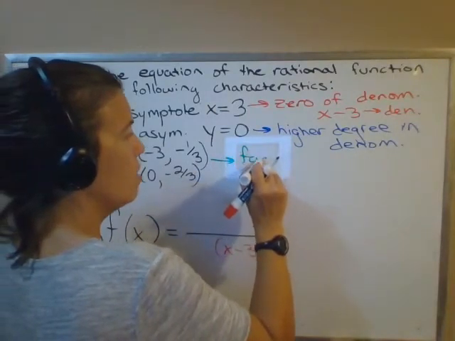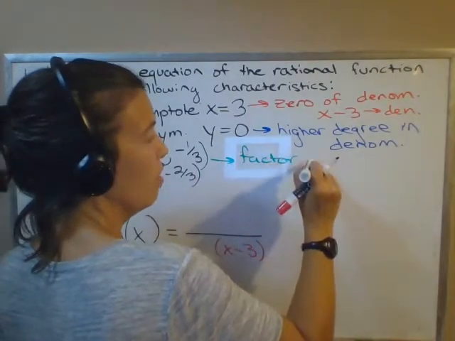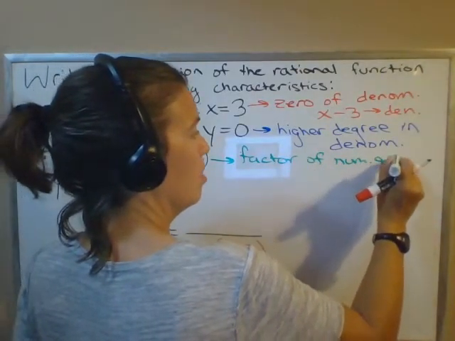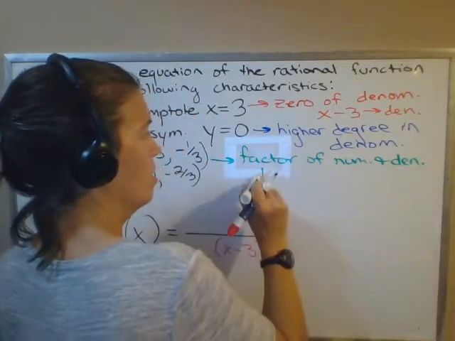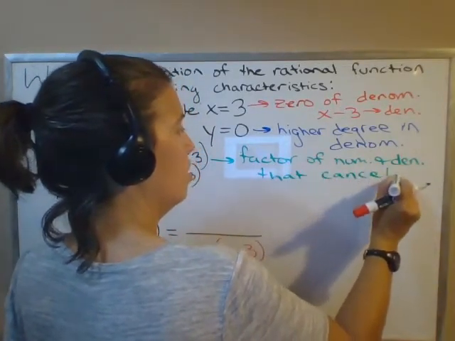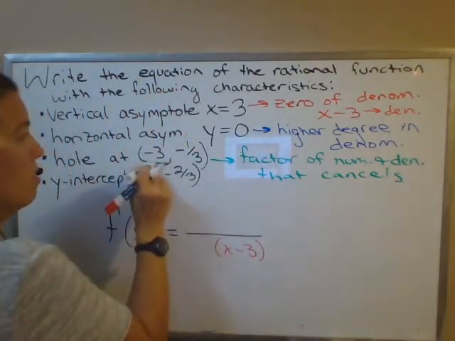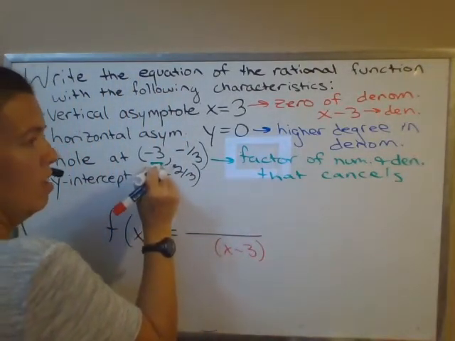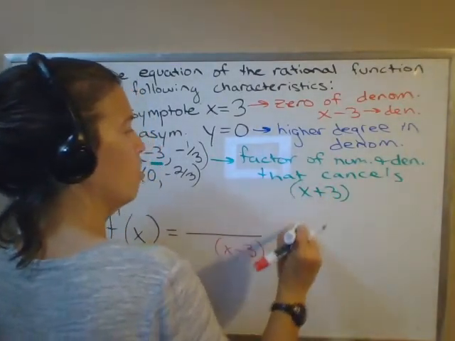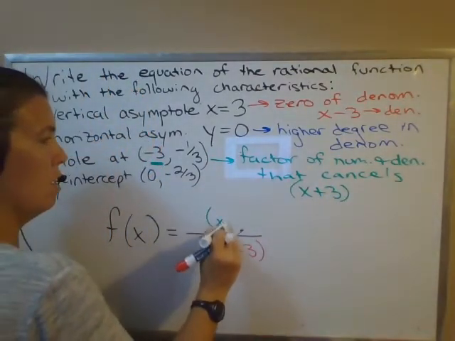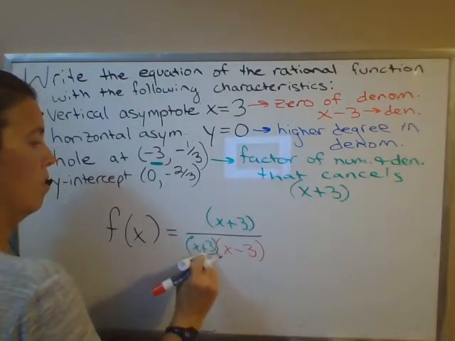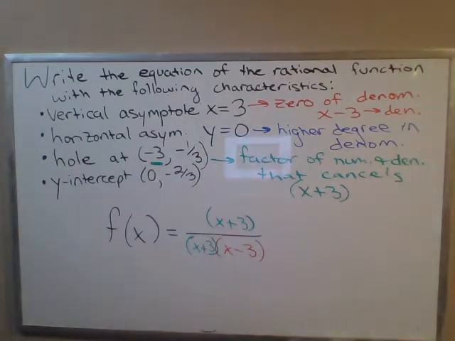It's a factor of the numerator and denominator that cancels. That's when you end up having a hole. And if there's a hole when x equals -3, that means that x plus 3 is the corresponding factor. That's the factor in the numerator and the denominator that cancels.